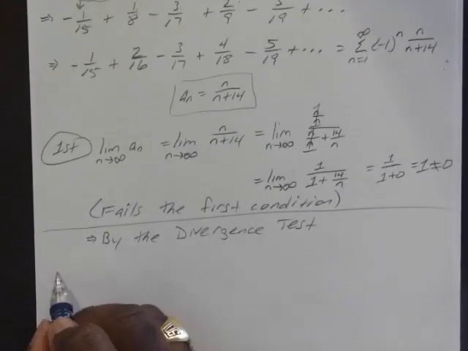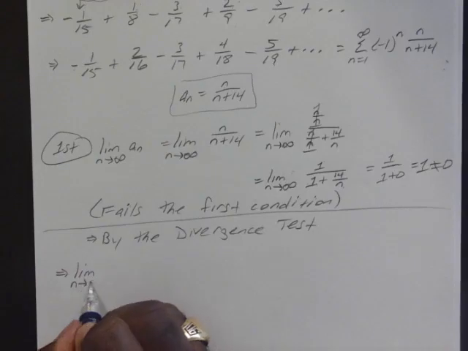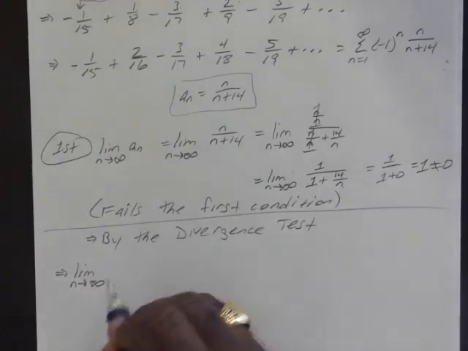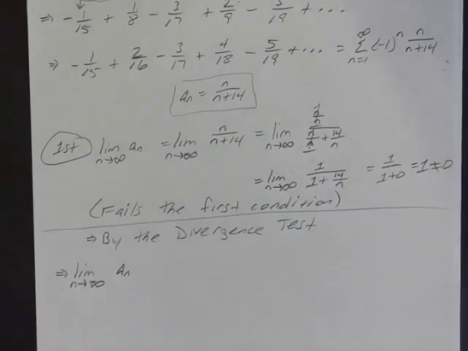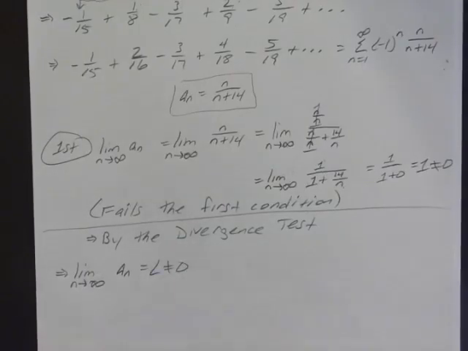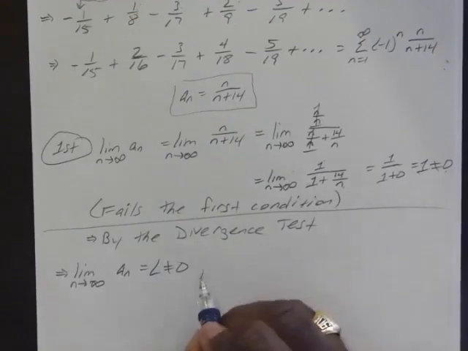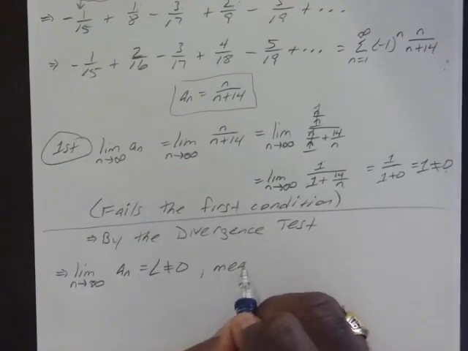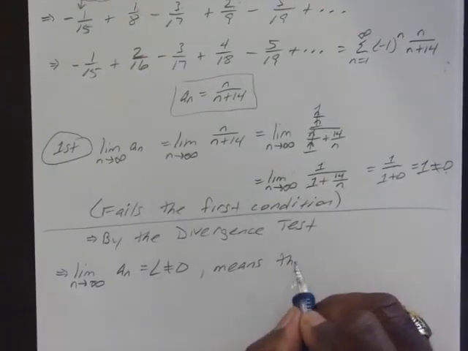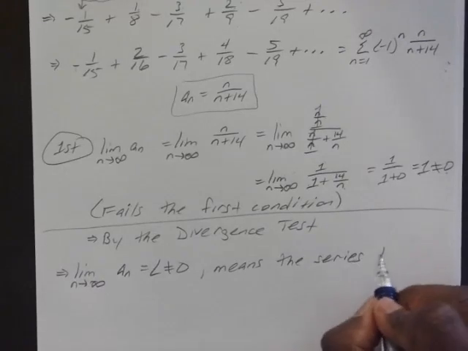Since the limit as n approaches infinity of a sub n equals some value that does not equal 0, in this case it equals 1, which is not 0, that means the series is divergent.